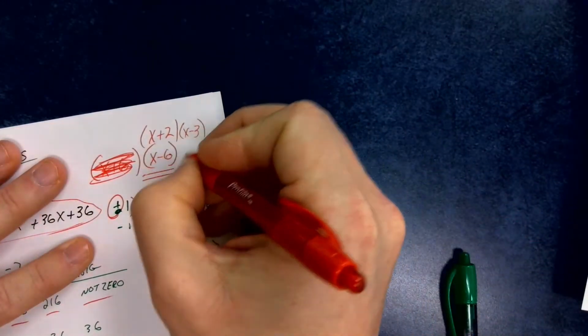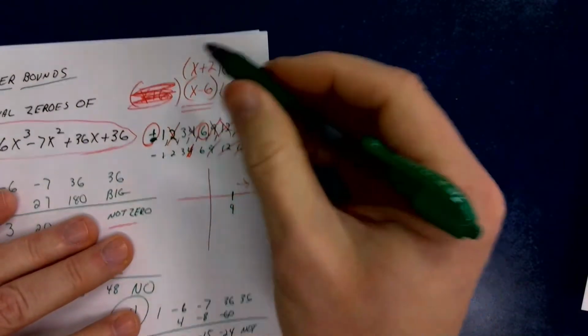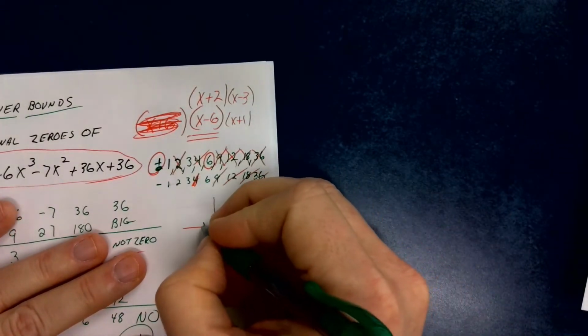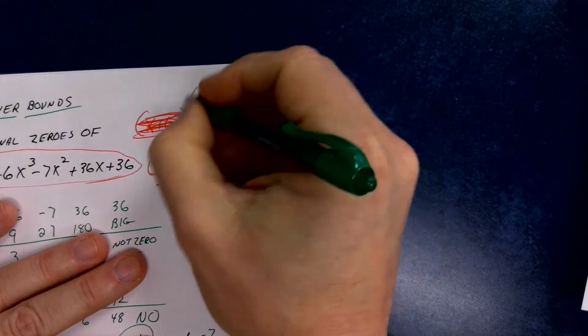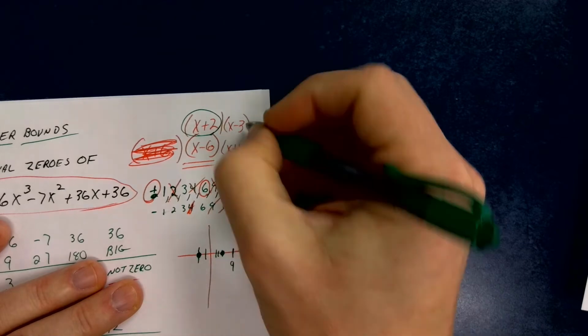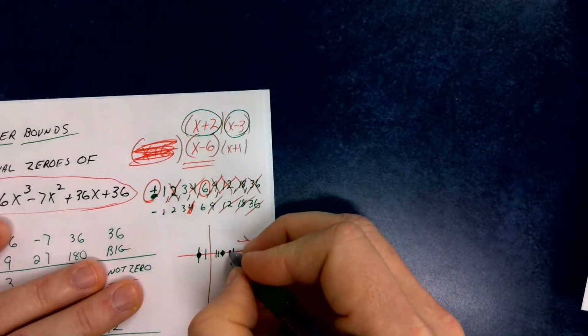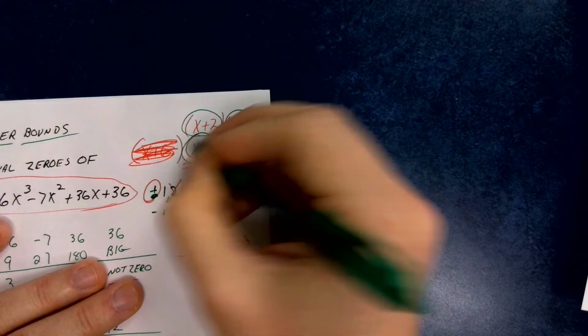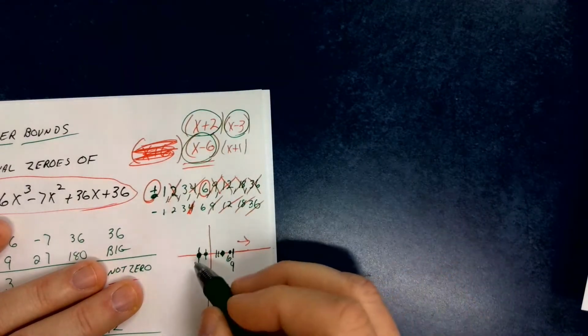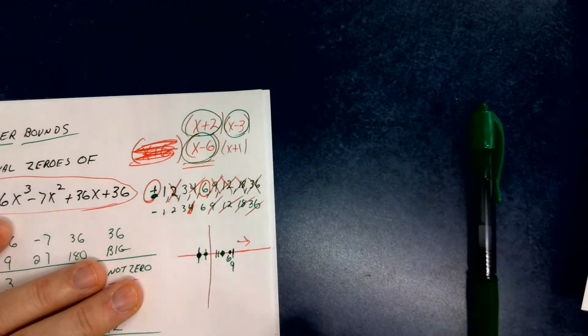So those are my other factors, x minus 3 and x plus 1, which means, I'm going to go right here, the places that this has to cross the x-axis is at negative 2 from this one, at positive 3 from this one, at positive 6 from this one, and at negative 1 from this one. Okay? That's how it all matches up.